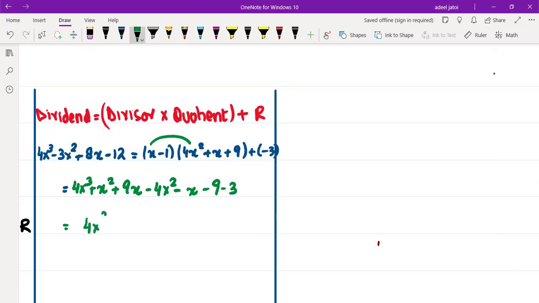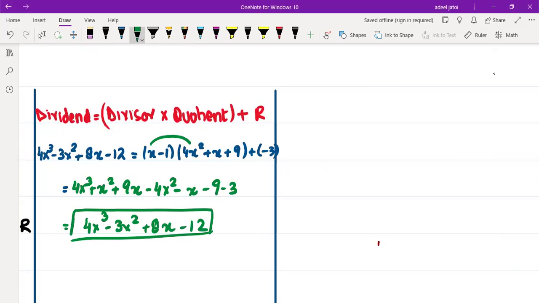So 4x cube minus 3x squared. We already know 9x minus x becomes 8x, minus 12. So this becomes the answer.